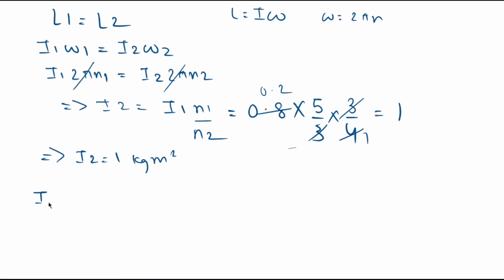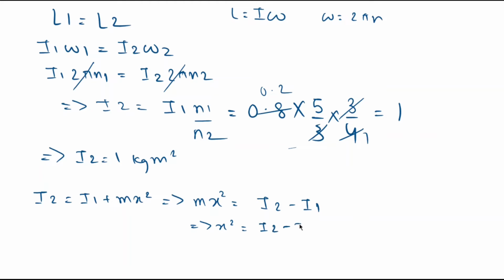And I2 is given as I1 plus mx square, which implies that mx square will be I2 minus I1, which implies x square will be I2 minus I1 upon m. Now putting all the values, this m is for the mass of clay, so I2 was 1 and I1 was 0.8 and mass of the clay was 1.6 kg.